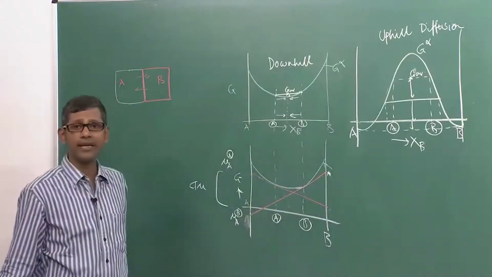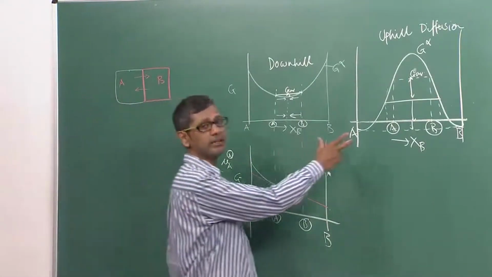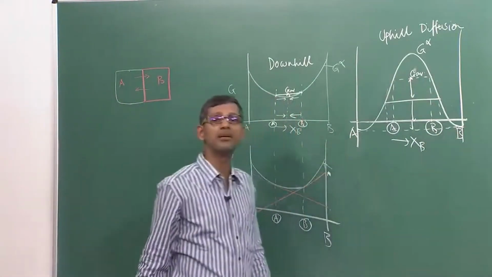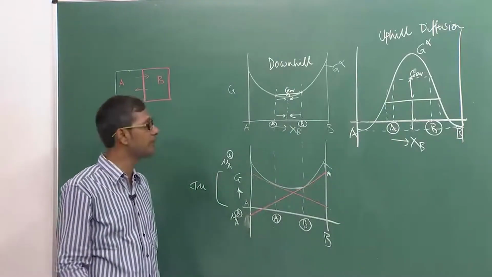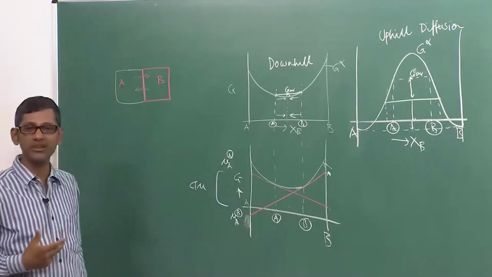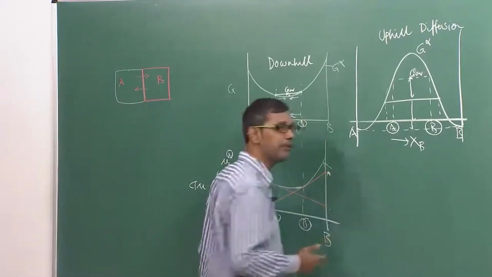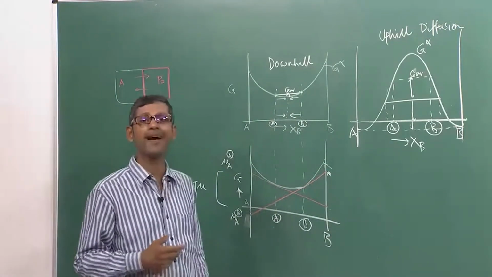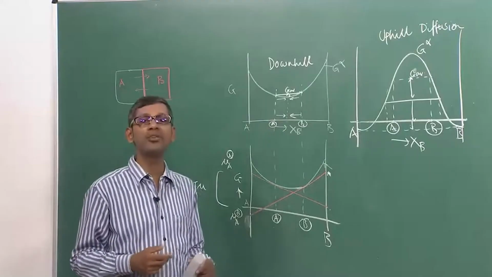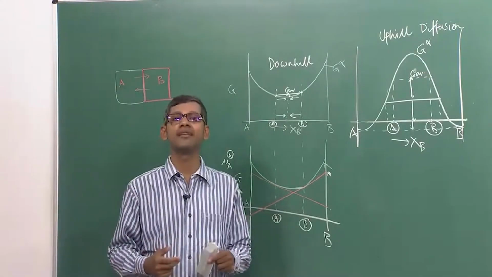Very simply, why does it happen? Because there is immiscibility. We know that this kind of free energy curve leads to immiscibility in systems. That means delta H is positive and very high. Because the enthalpy of mixing of the system is positive and high, atoms will not like to stay together.